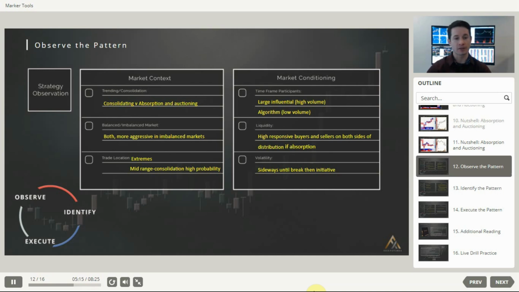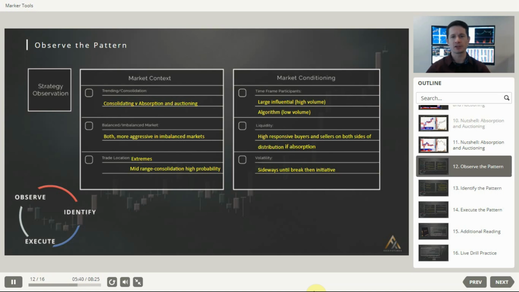Now, in terms of trade location, in terms of market context, we do tend to see the strategy work better at extremes. Why? Because at the extremes, once we get that break just after the absorption at the extreme, we do tend to get follow through as liquidity becomes slightly less on the breakout of previous days' highs and lows.